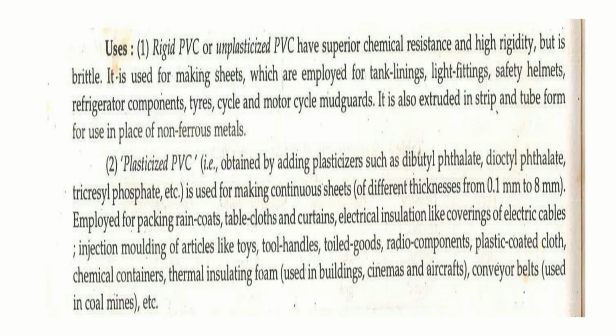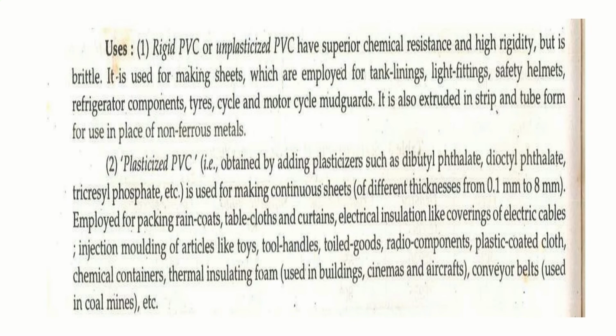Polyvinyl chloride is synthesized normally in two types. One is called rigid PVC or unplasticized PVC, and the second is plasticized PVC. By using different catalysts, we can synthesize the different types of PVC. Rigid PVC can be used for making sheets, and it is also used in tank lining, light fittings, safety helmets, refrigerated components, and tire, cycle and motorcycle mudguards.